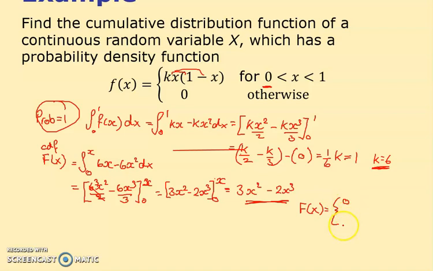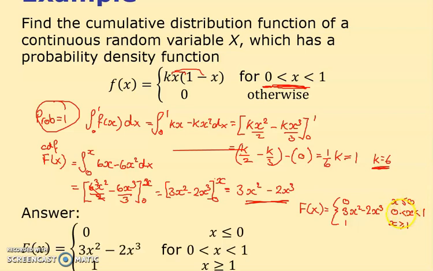It starts at 0, it ends in 1. And the thing that goes in between is the answer we just got. The values we started with are the values for the answer we've just got. This is for x greater than it, and this is for x less than it. That's what I think the answer should say, and it does.